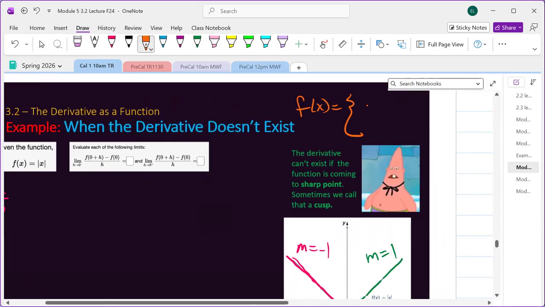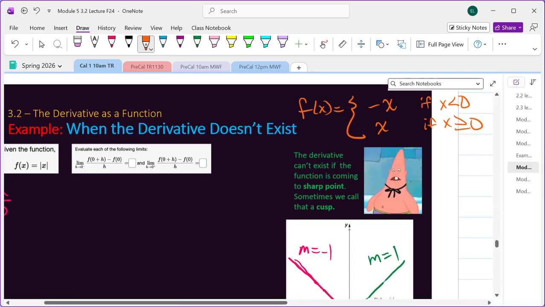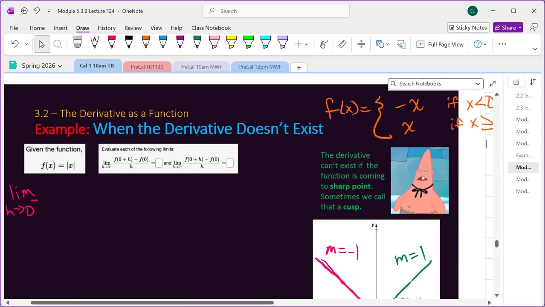It's negative x if x is less than 0, and it's x if x is greater than or equal to 0. So when we're looking at the left side of 0, that's when x is less than 0, our function formula is negative x.